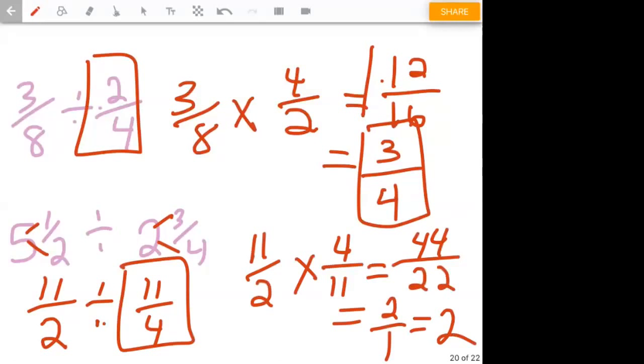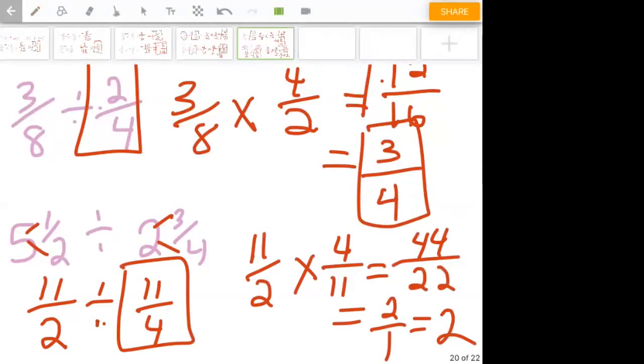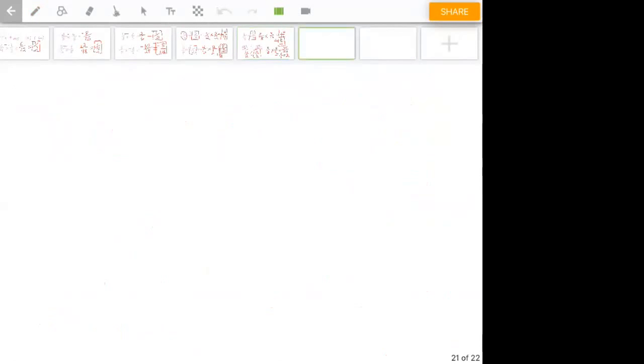So that was just a quick review of multiplying and dividing fractions. And now I'm going to open the floor back up for any questions that you have on any math concept.